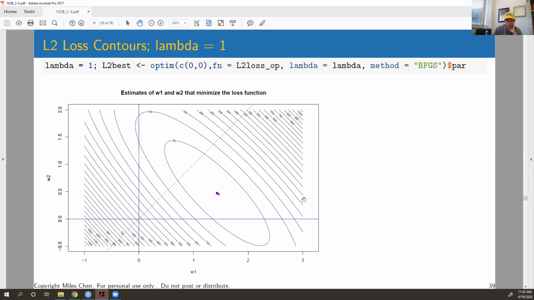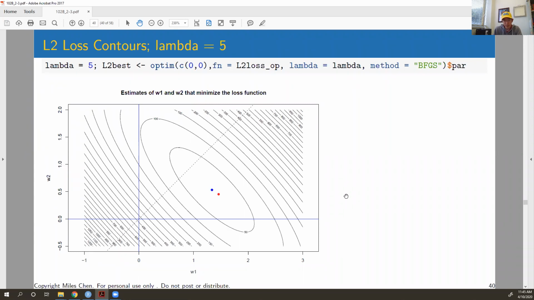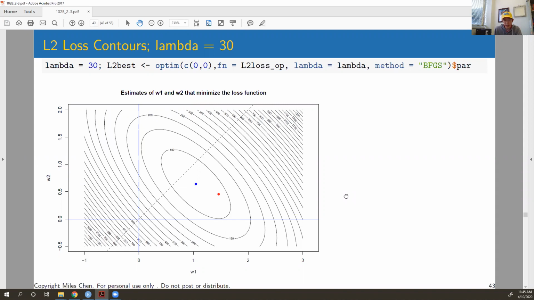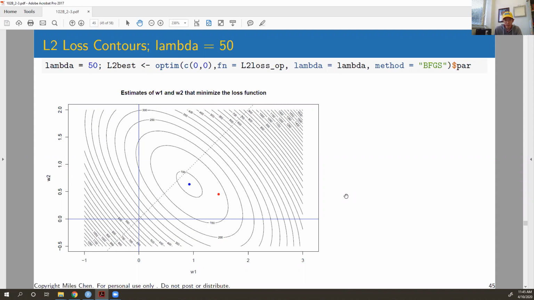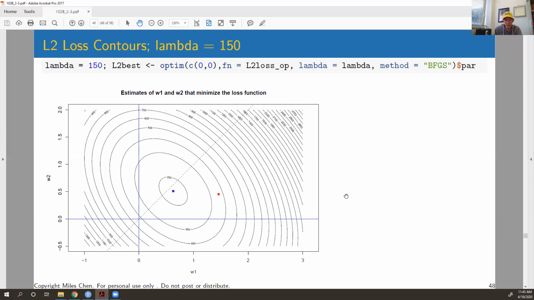Let me show you what happens here. Red, again, is the OLS loss. If lambda is 0, then the regularized loss is equivalent to the OLS loss. But as I increase lambda, we're giving more weight to the complexity term, which is the sum of squared coefficients. So here's lambda 1, lambda 5, 10, 20, 30, 40, 50, 60, 70, 100.